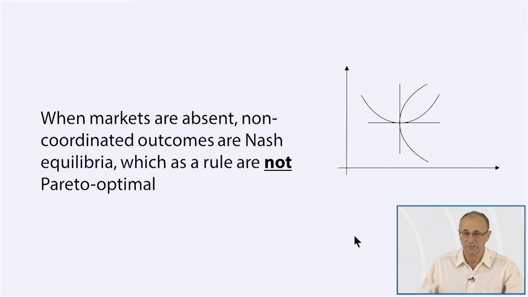The utility function of the first individual depends on his own choice, but it also depends on the choice of the other individual. And I will make my choice to maximize my utility, but I'm aware that my choice is also affected by the choice of another person, and vice versa. So what is a Nash equilibrium? Suppose that the second individual has made up her mind and has made her choice at this point.